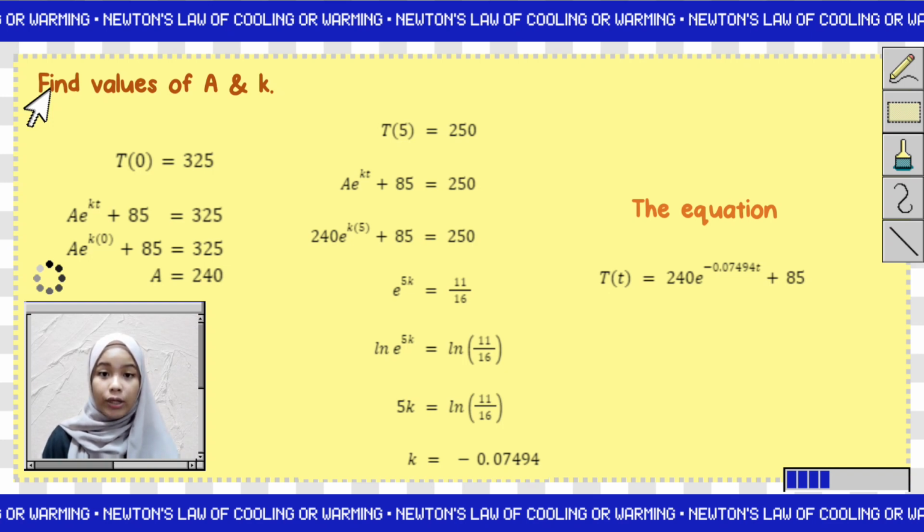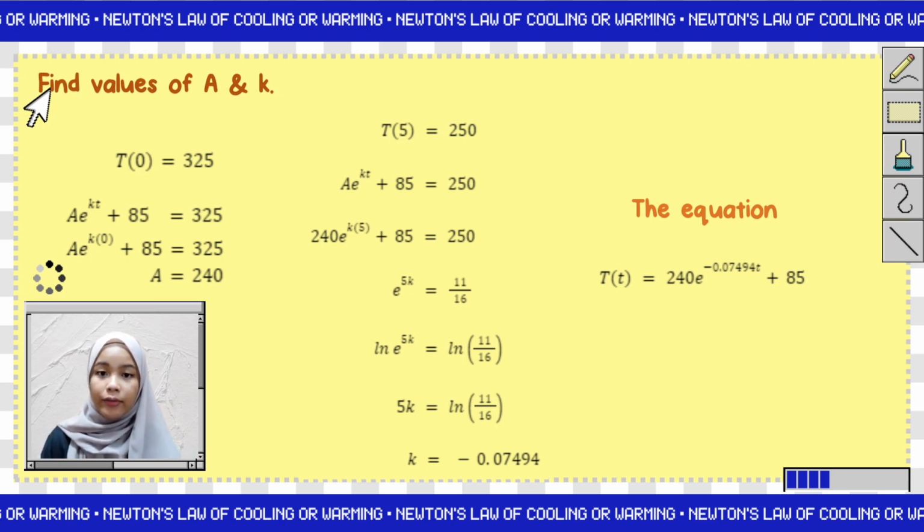Next, we have to find the equation by applying the given conditions to find the values of A and k. First, we apply the condition T(0) = 325. Substitute t = 0 into the equation we got just now, T = Ae^(kt) + 85.